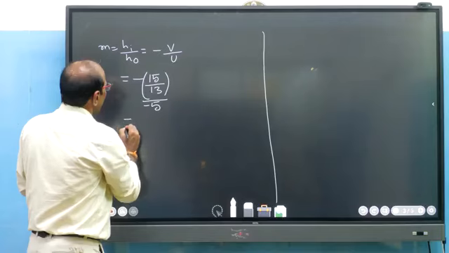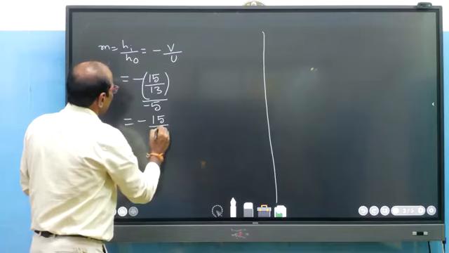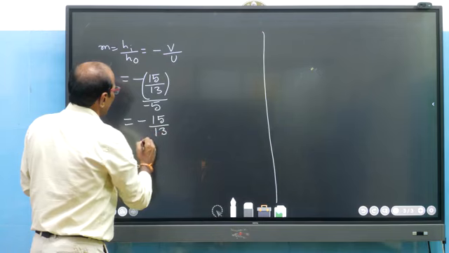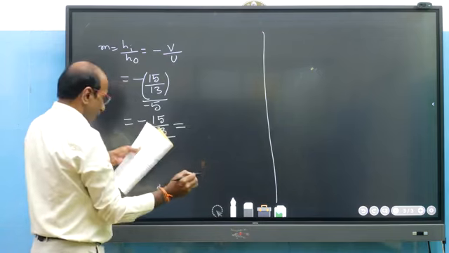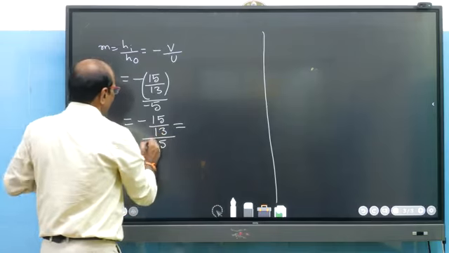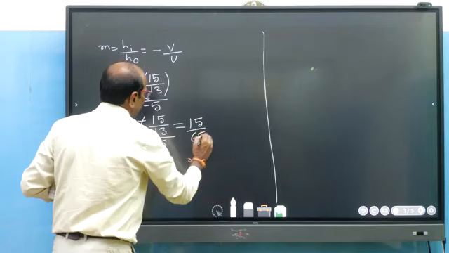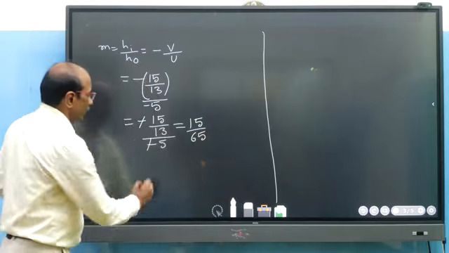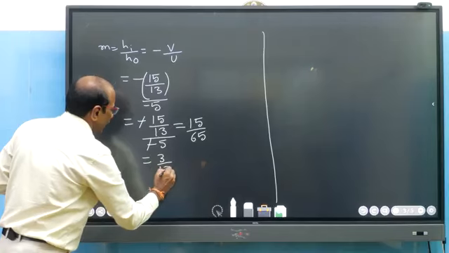So minus 15 by 13 divided by minus 5: the minus signs cancel, so 15 by 65, which is 3 by 13.